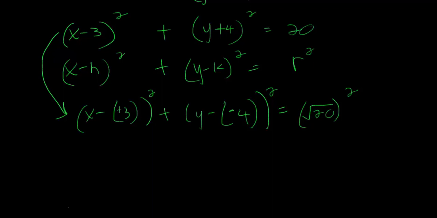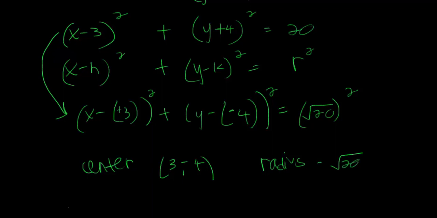So what that tells me is my center is the point (3, negative 4), and my radius is the radical square root of 20.